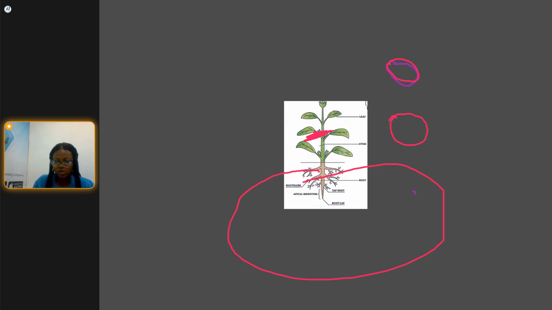They are underground. So these are the roots. You have the stem, you have the leaf. These three are the major parts in plants. So we are going to be looking at the internal structure of each of these parts: the internal structure of leaf, the internal structure of stem, the internal structure of roots.